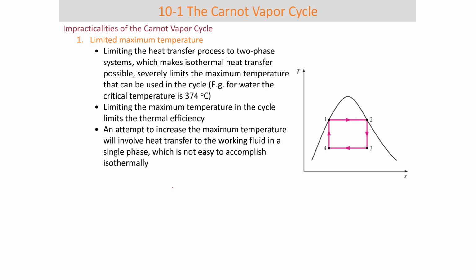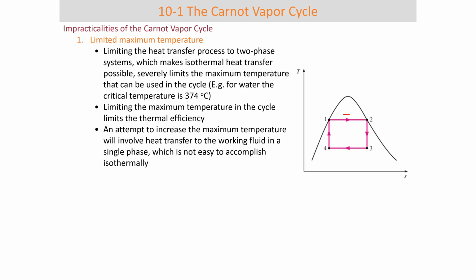The impracticalities of the vapor Carnot cycle are the following. One, limited maximum temperature. Limiting the heat transfer process to two-phase systems, which is what you have inside the saturation dome, makes isothermal heat transfer possible, but severely limits the temperature that can be used in the cycle.